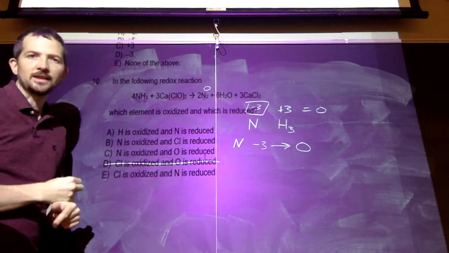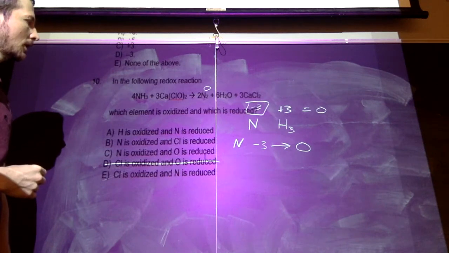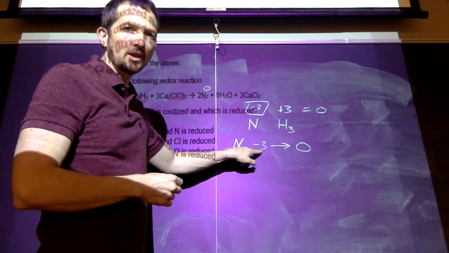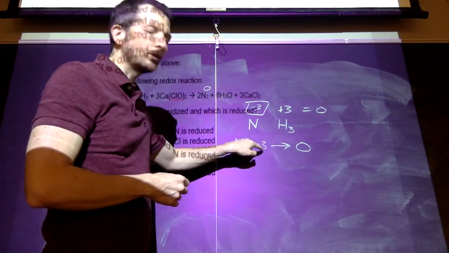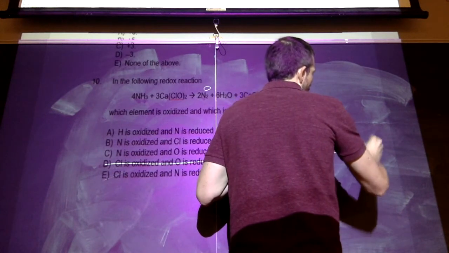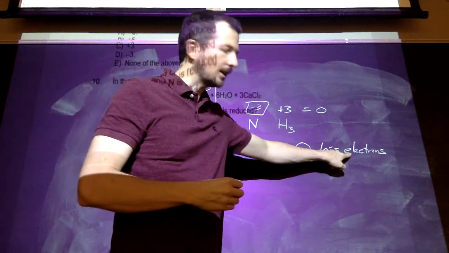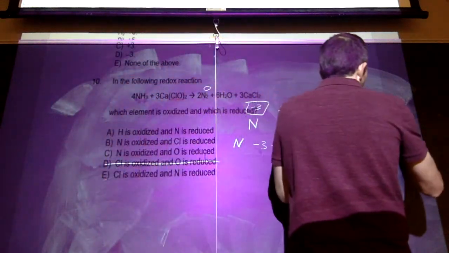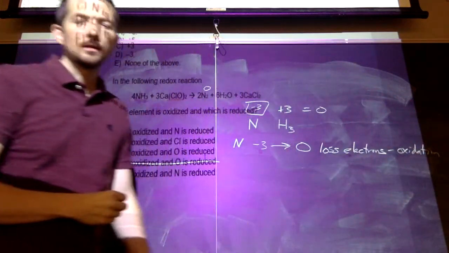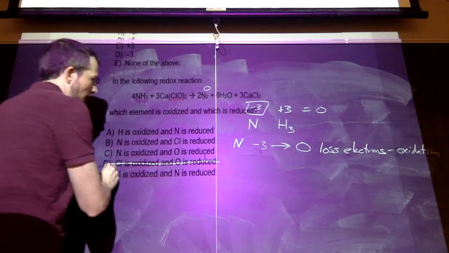Any element in its elemental state is going to be 0. And so -3 to 0, that means it has extra electrons here. It's going to neutral, so it's losing electrons. LEO the lion goes GER, so loss of electrons is oxidation. Okay. And so I know nitrogen is oxidized.